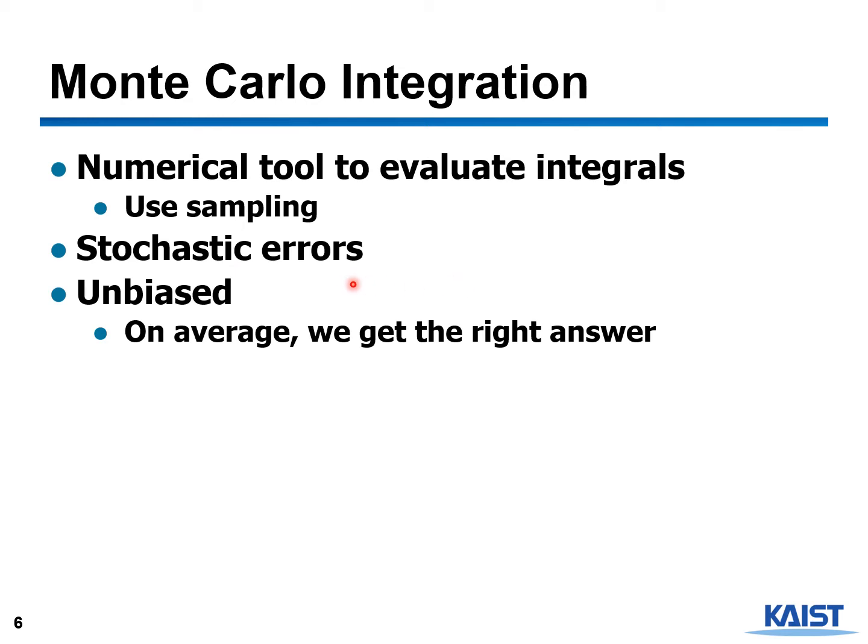But it is an unbiased technique, which is a very important concept for rendering. Unbiased means on average we get the right answer. That's the main definition of unbiased. Since this is a sampling technique, on average means that once we have an infinite number of samples, we can get the right answer.